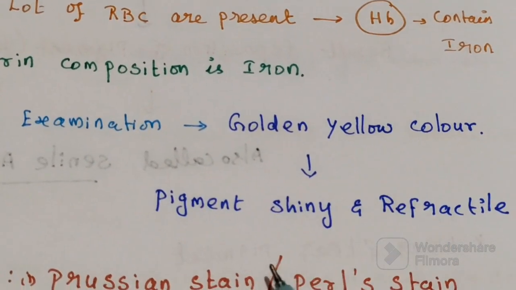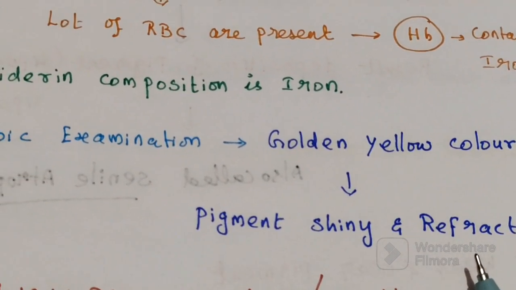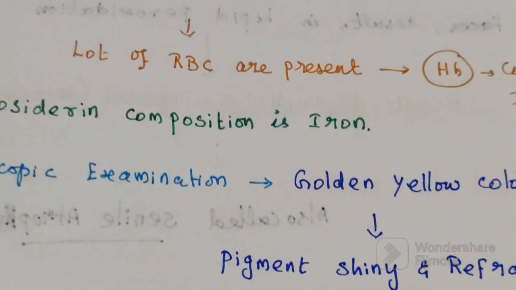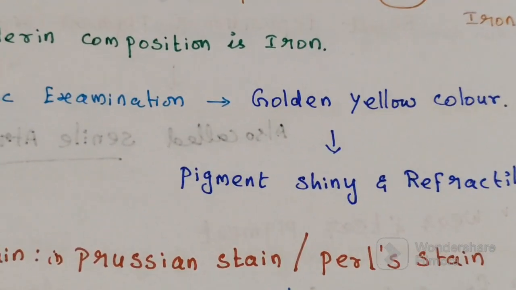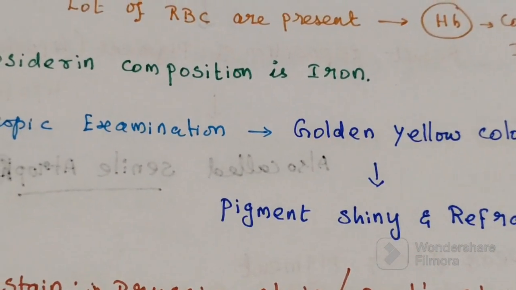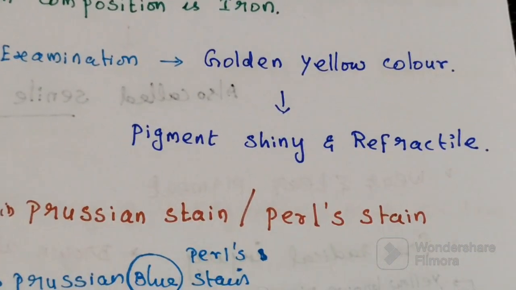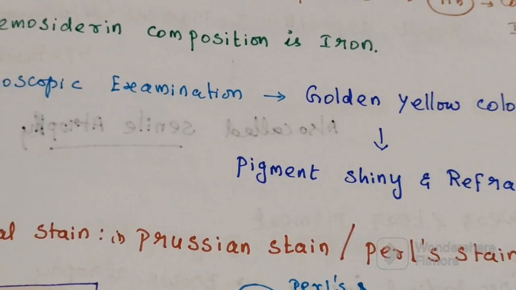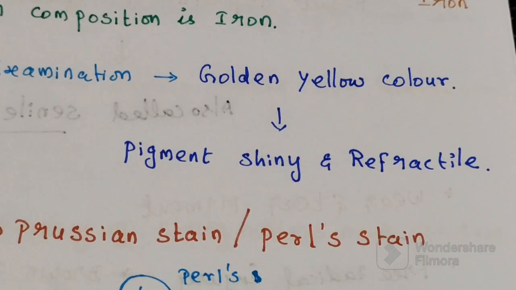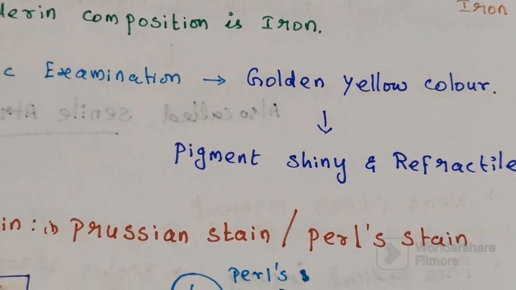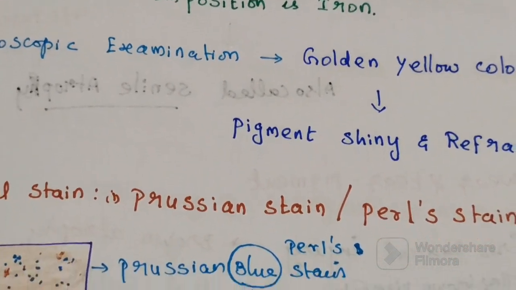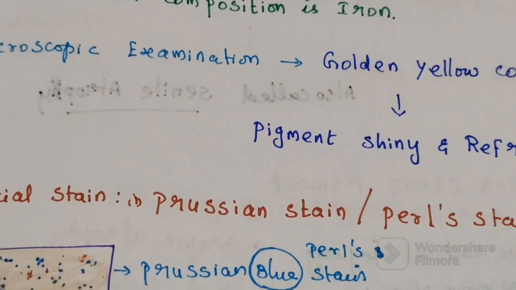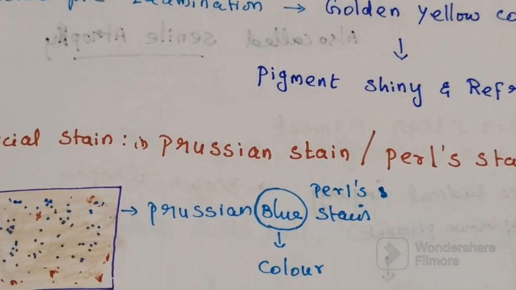Golden yellow color, shiny and refractile. It is a very important characteristic finding of this particular pigment. Is there any special stain that we use for this pigment?